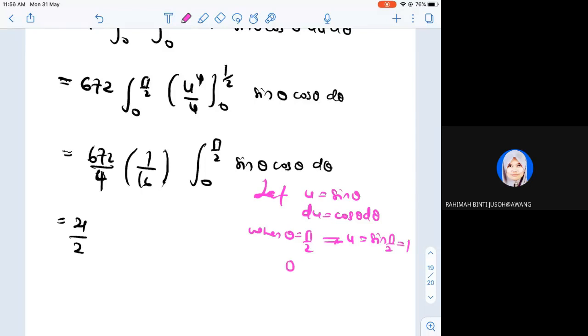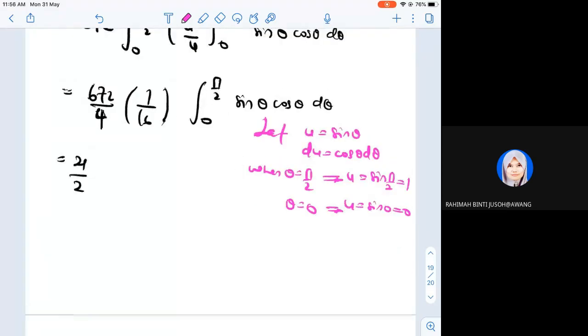When theta equals 0, u equals sin 0 is 0. So we will get 21 over 2, 0 until 1, u du.